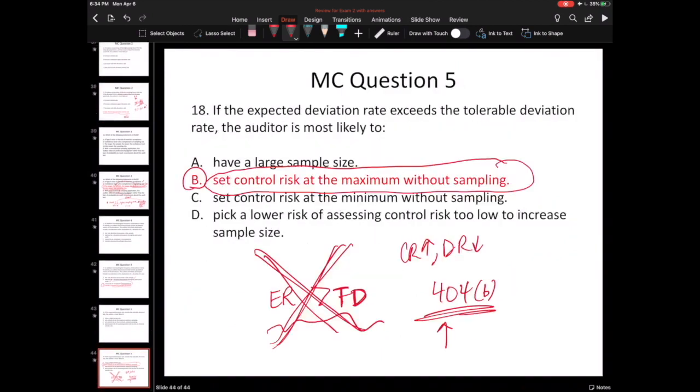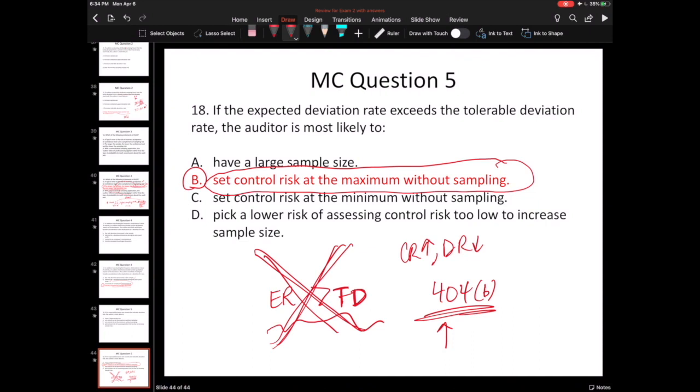Because there's no point in having some really high expected deviation rate and pulling in some massive sample and then having it not work anyway. Okay, so hopefully that makes sense. So you would just assume 0, but in reality, we all know it's going to fail. Theoretically, for this chapter, your book does not cover that scenario.